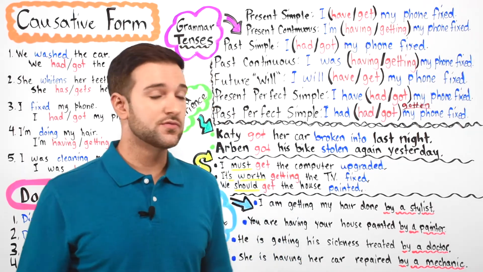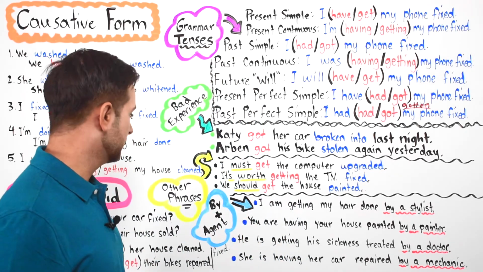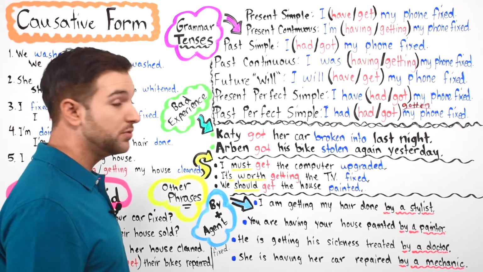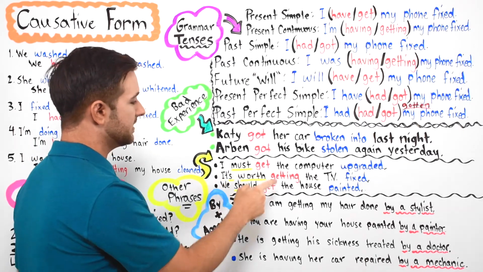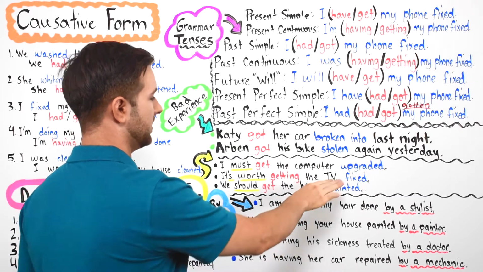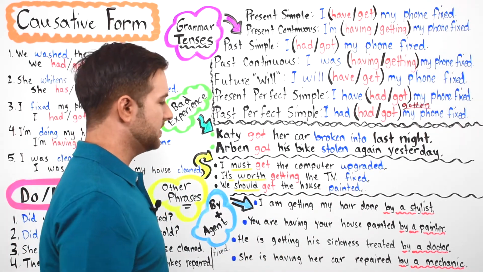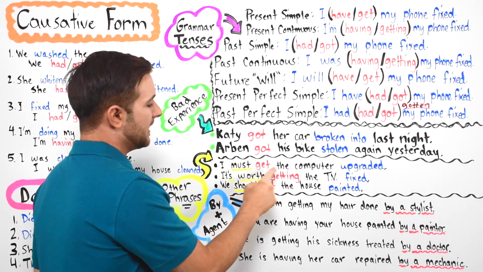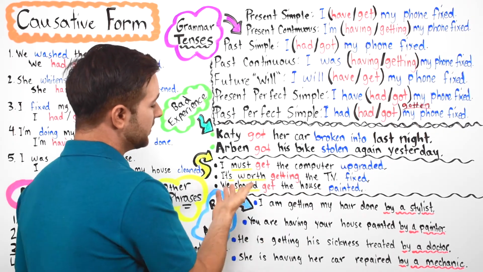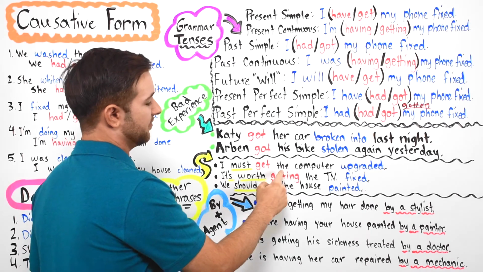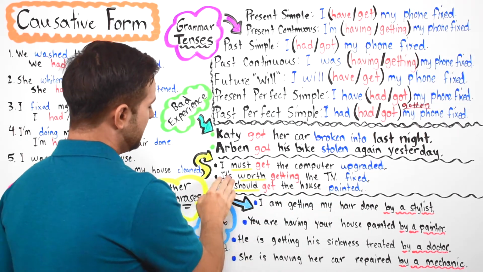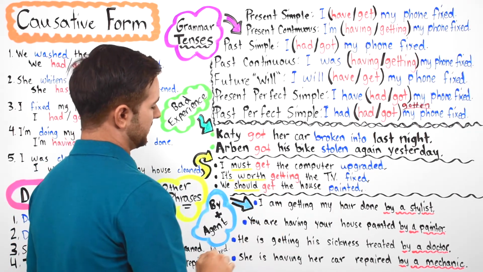We can also use this form with other verbs or other phrases as well, including modal verbs. I must get the computer upgraded, okay? Your software in the computer is very bad. It must be upgraded. I must get the computer upgraded. Or you could say, I must have the computer upgraded. It's worth getting the TV fixed, okay?